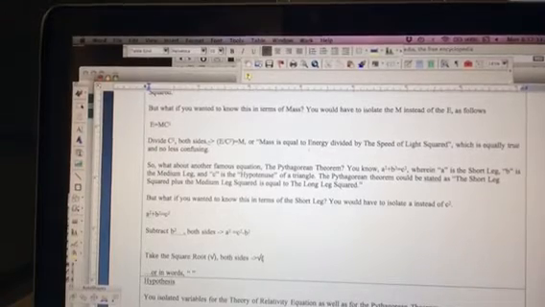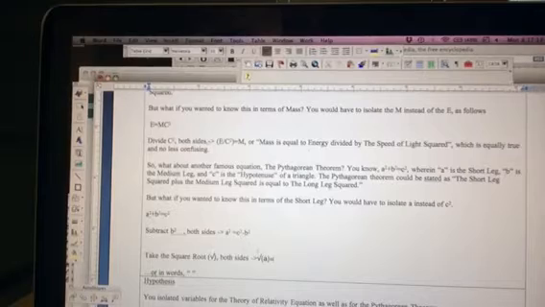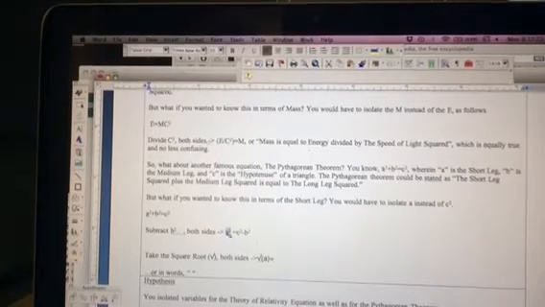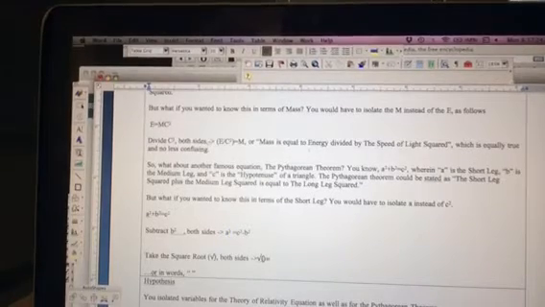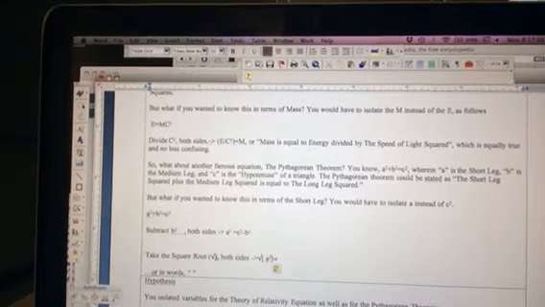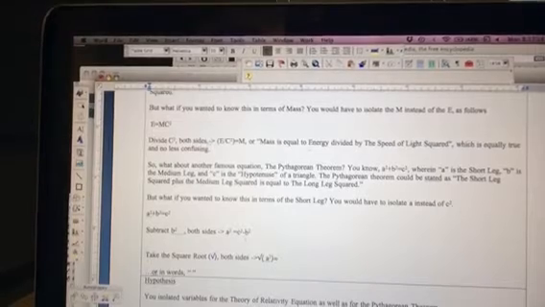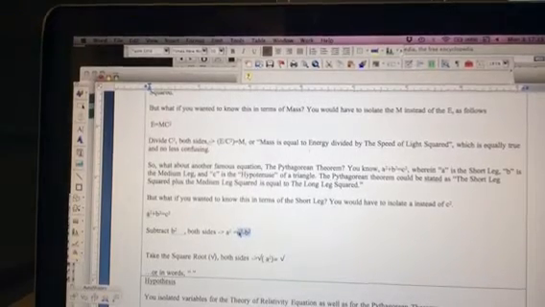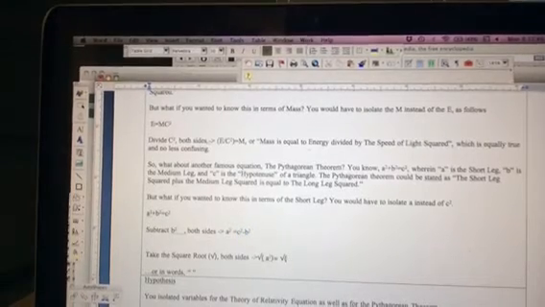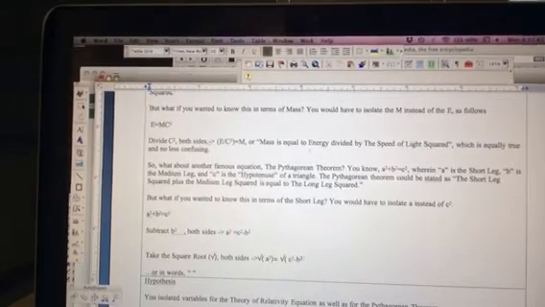The square root of a is equal to, the square root of a squared, my bad. The square root of a squared, because what we're doing is we're taking the square root of both sides. So we're taking the square root of that is equal to the square root of c squared minus b squared.